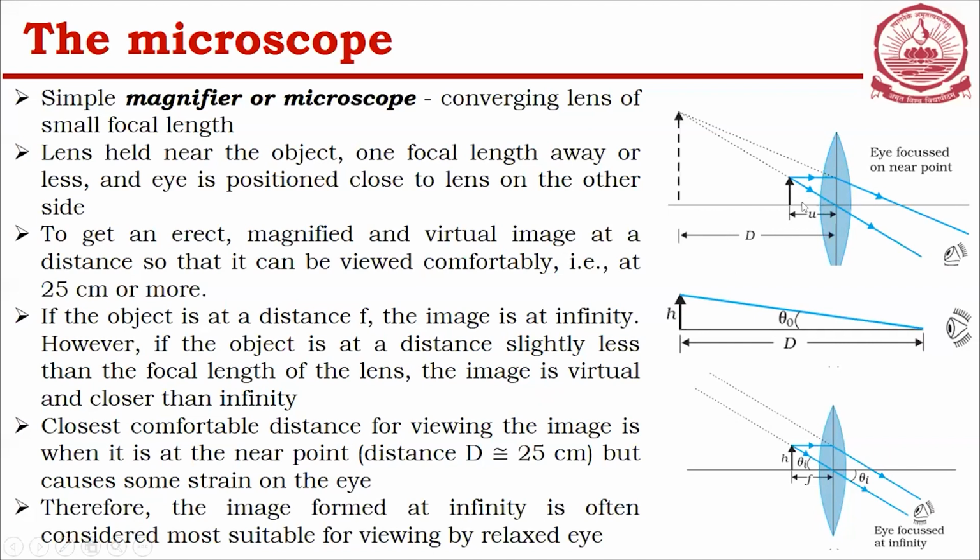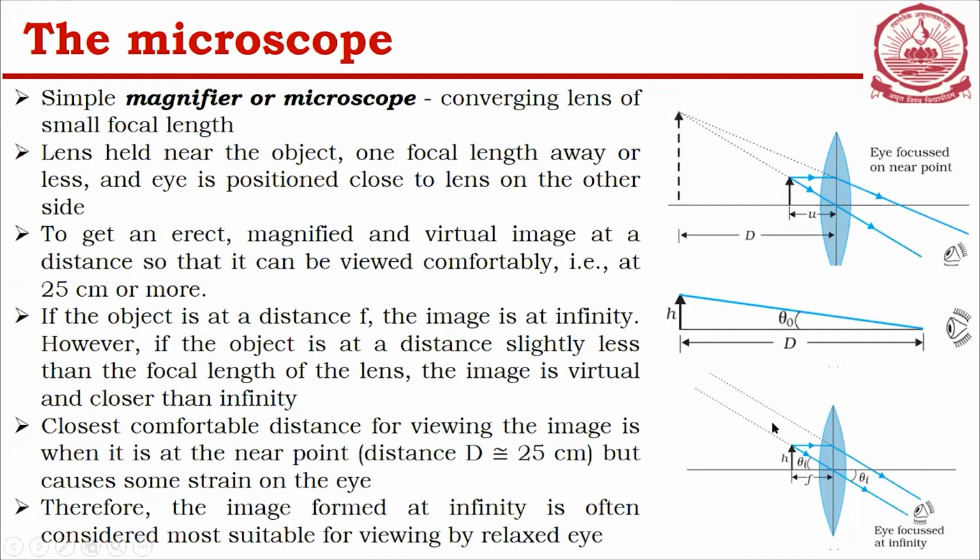Now it is very close to the focal point of your lens, so the refracted rays pass through the lens, and when you look through this lens, the enlarged virtual image forms at infinite distance, meaning at a longer distance. That's what the simple magnifier does.